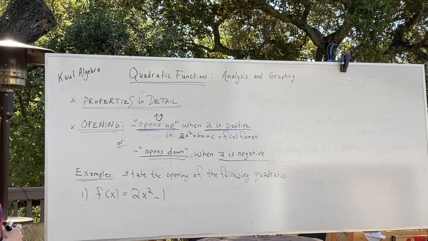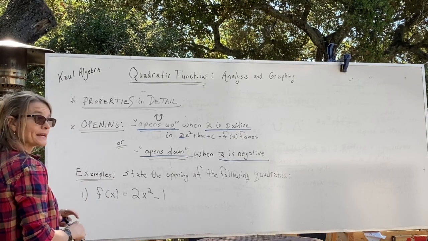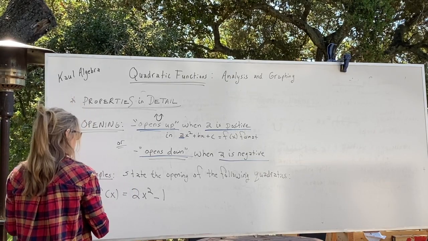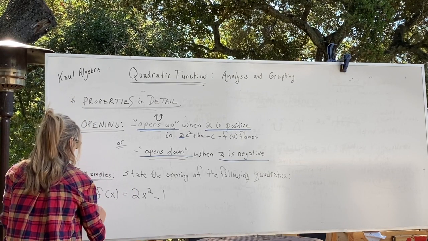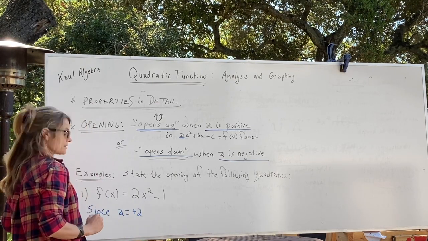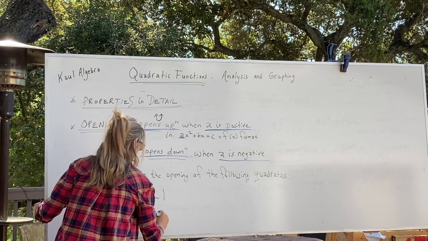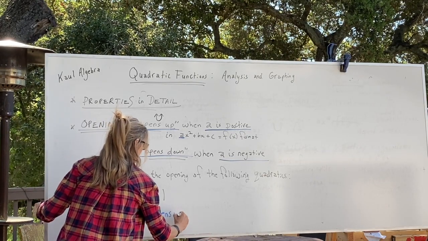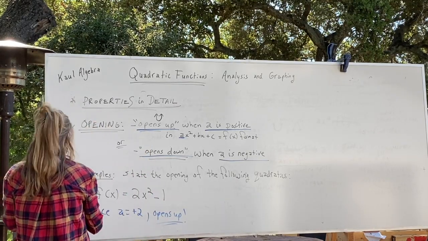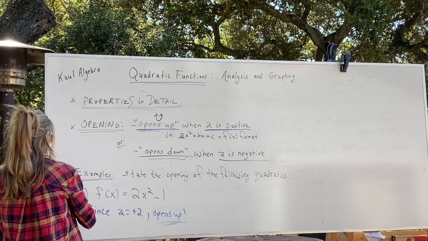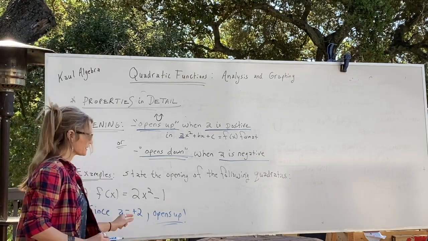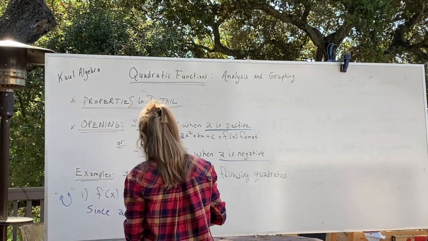The first thing you want to check is, is it in standard form? Yes, it is. And can you identify your a correctly? Yes. So here you would say, since a is equal to positive 2, we know this opens up. We're expecting a parabola opening upward this way. Now there are some other features involved here, and we'll take a look at those shortly.